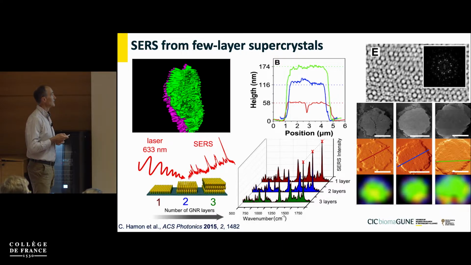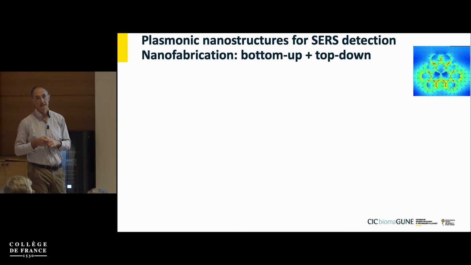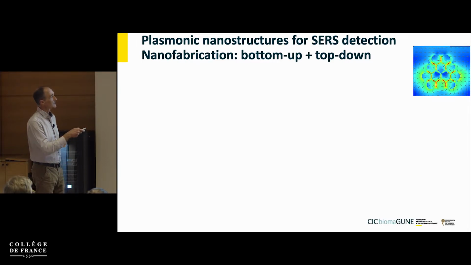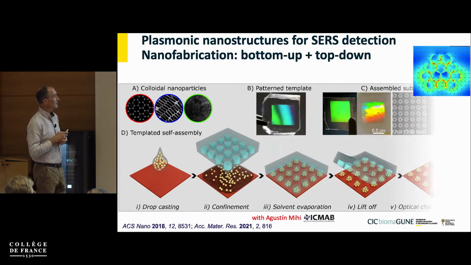And this is when we were lucky to meet Agustín Mee, who is now a research professor at the Spanish Research Council. And so with him and his theoretical colleagues, we decided that an array of clusters like this would be very efficient. And then, of course, we calculated because we knew there was a good chance we could obtain that. And the idea was this.